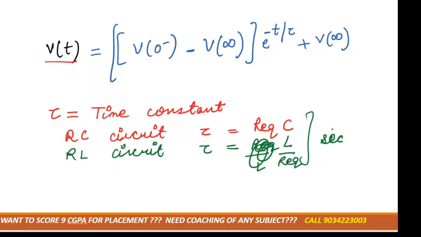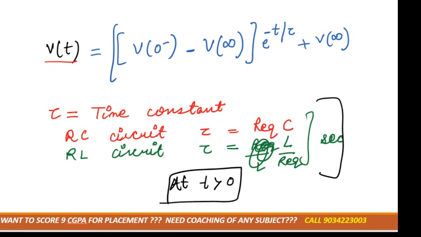Now we have to see the time constant for which condition: at t equal to 0 minus, at t equal to 0 plus, or at t equal to infinity. At t greater than 0.